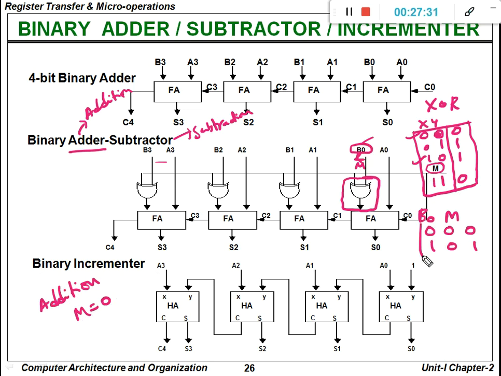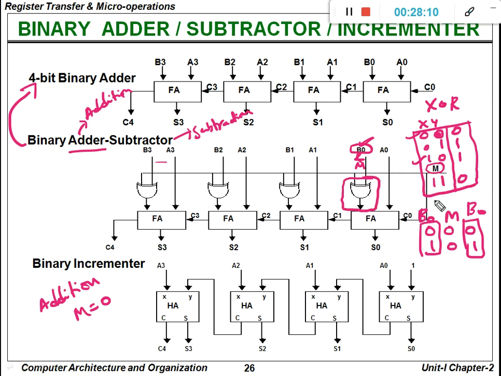Then what are we getting? We are getting the same B0 value. Then the circuit will be converted into a 4-bit binary adder, because we are not changing the B0 value. We have already seen how to perform the addition operation using a 4-bit adder. So whenever m is equal to 0, this entire circuit is going to become a 4-bit binary adder.